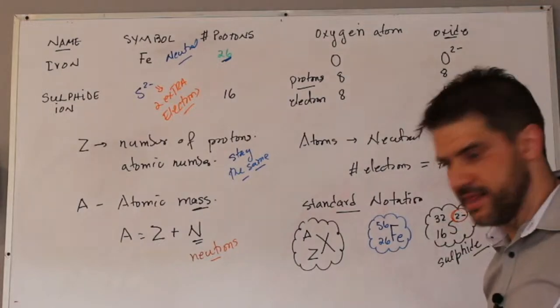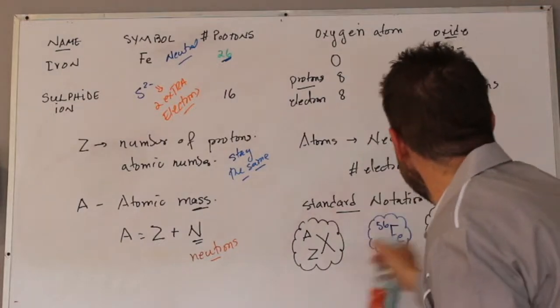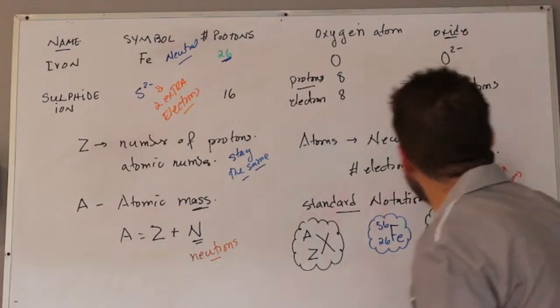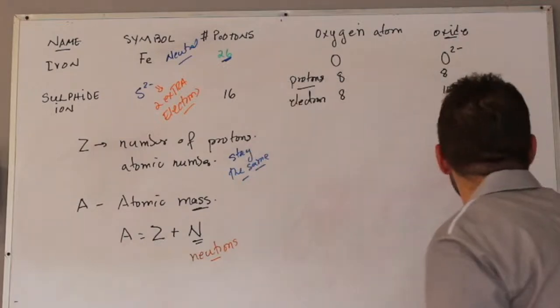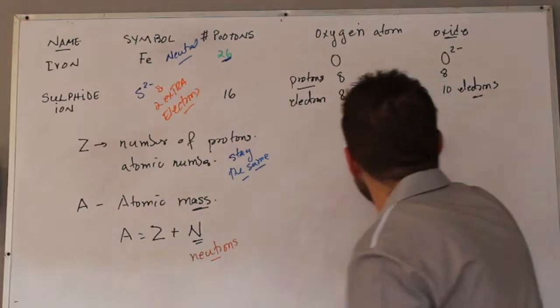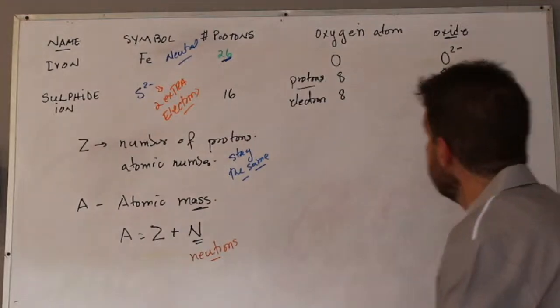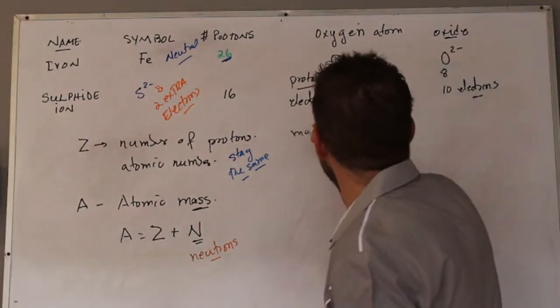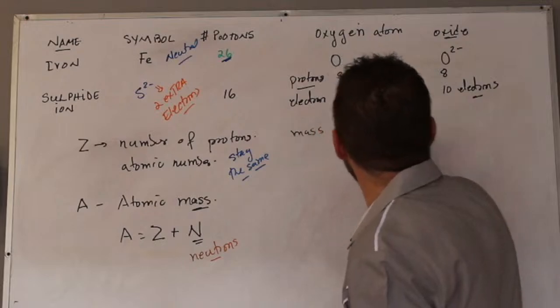Are you with me there? Now, if we go to the mass, it is 16. Both of them will have 16 grams per mole. So the mass for both of them is 16.